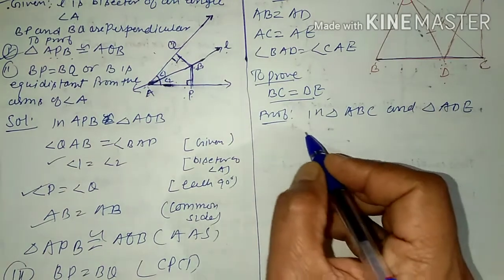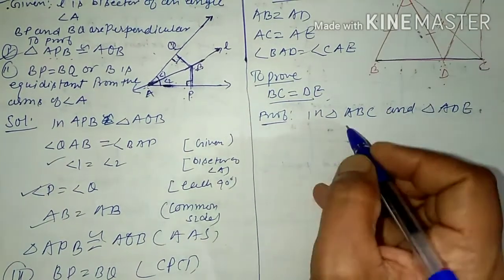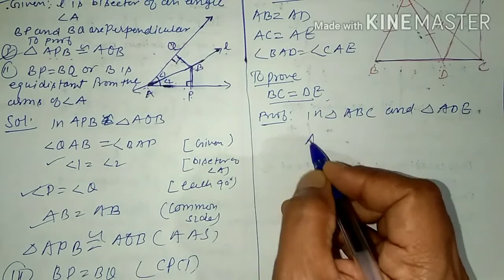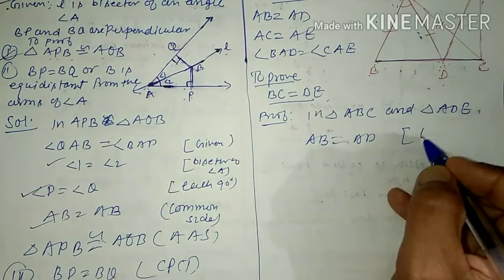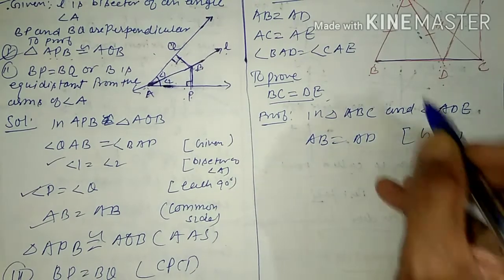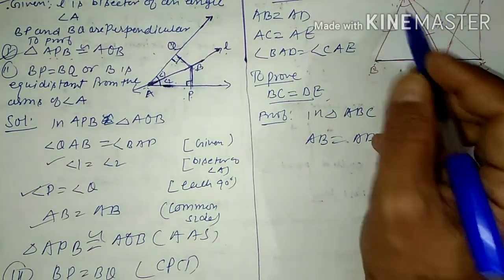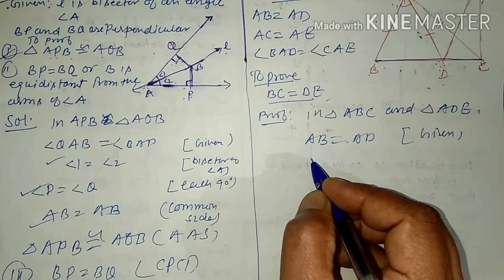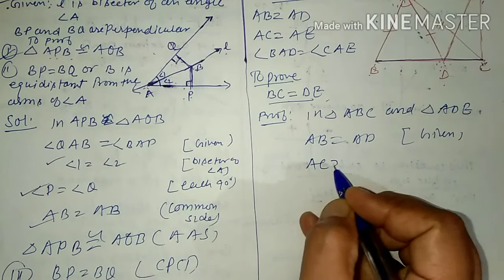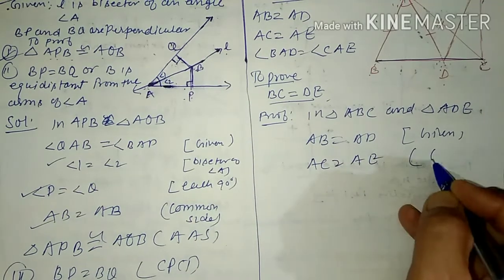We have to prove these two triangles first of all congruent. So AB is equal to AD, given. AB is the side of this triangle and AD is the side of this triangle, clear? Second, AC is equal to AE, also given.